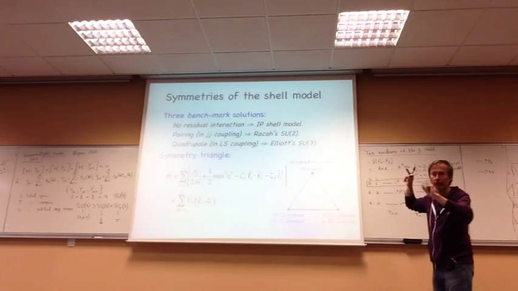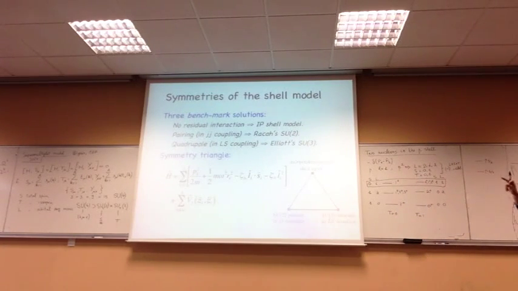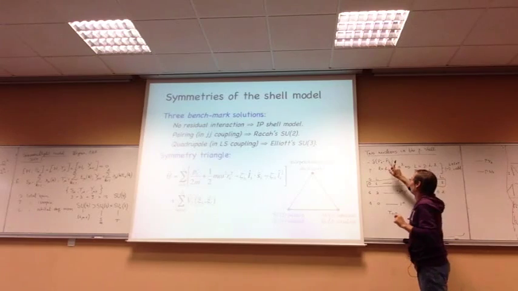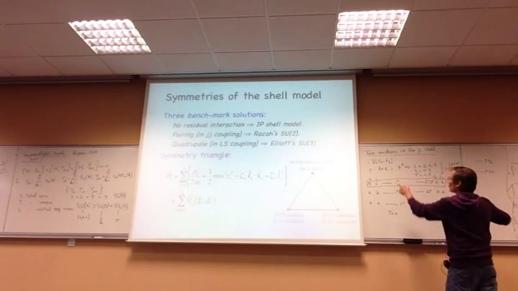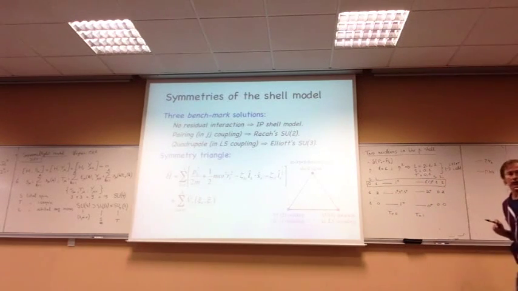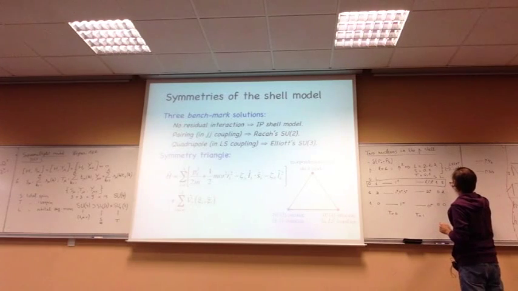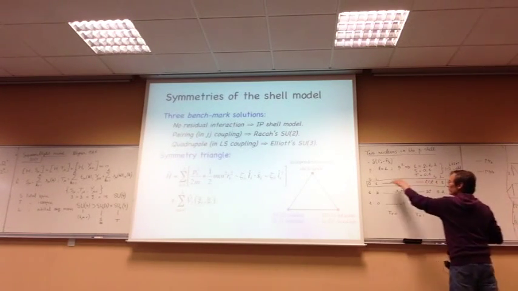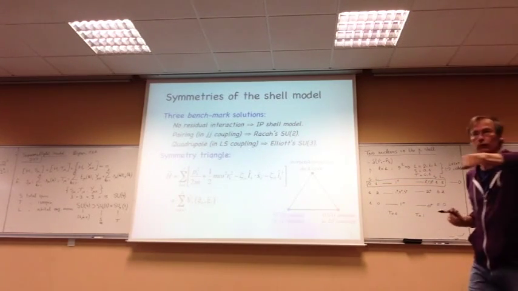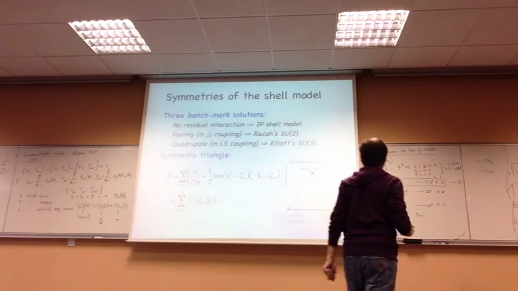This is the argument Rick explained almost 2 weeks ago. Rick explained that the interaction in a state which is spatially antisymmetric is zero. So without doing any calculation, I know that this is zero. These levels are at zero energy. And actually this afternoon we will prove that this is the case.